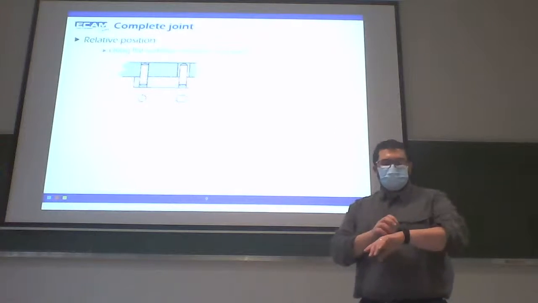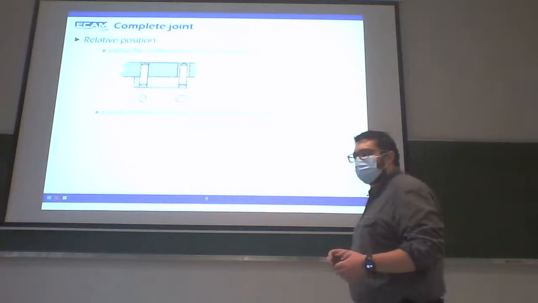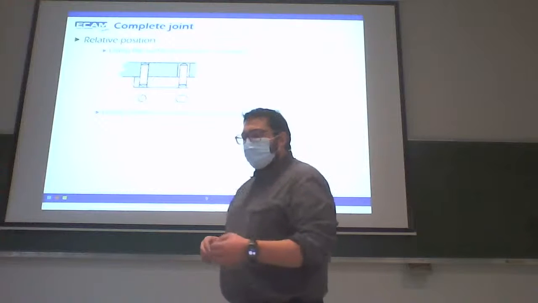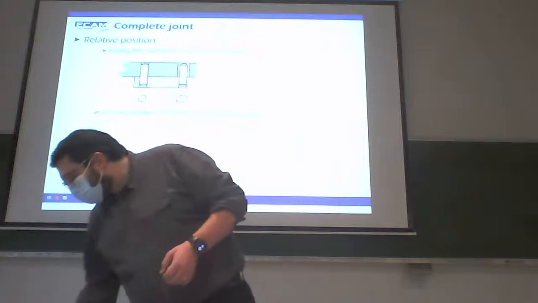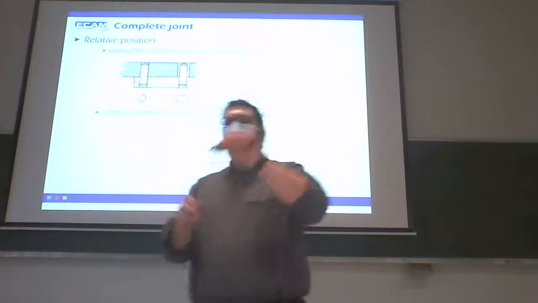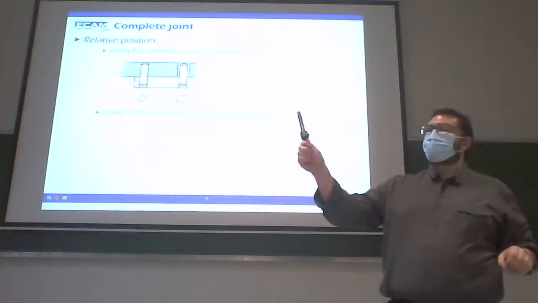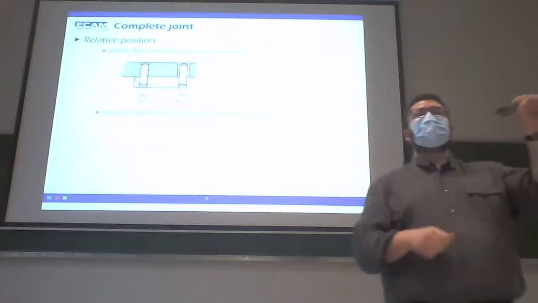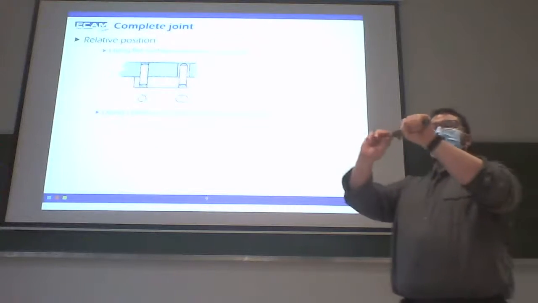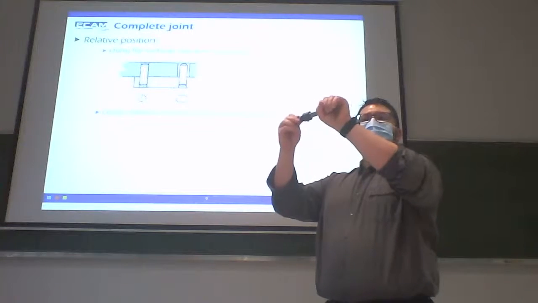Second solution, using cylindrical surfaces and rotation stop. When I realize a cylindrical contact, so a shaft inside of a bore, here I have only one rotation and one translation.